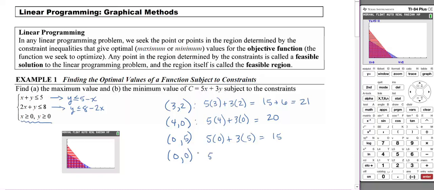And 5 times 0 plus 3 times 0 is 0. So this is going to be the maximum, and this is going to be the minimum.